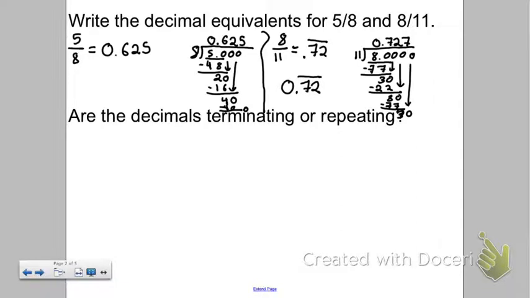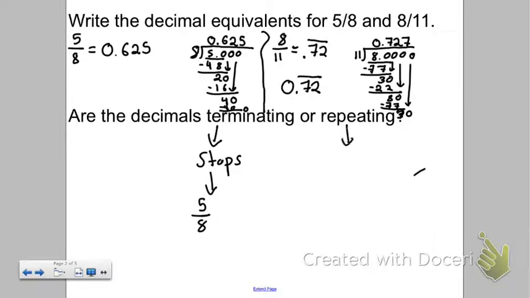Are the decimals terminating or repeating? Take a second to copy that down. Terminating means that the decimal stops. If I look at my 2 decimals, I have 0.625. That decimal stops. So my fraction that terminates is 5 over 8.